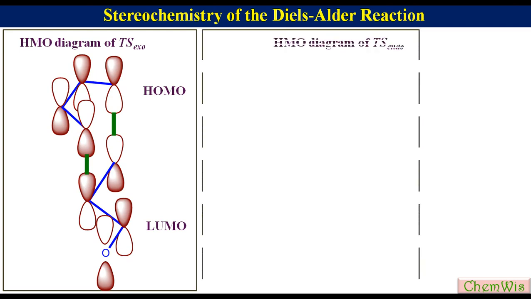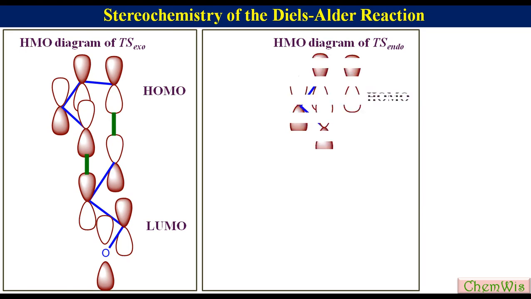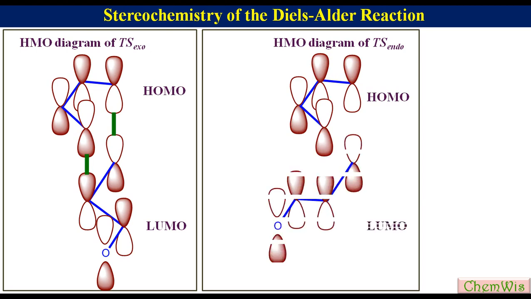Hückel molecular orbital diagram of endo transition state. Just like the exo transition state, this is the structure of HOMO of diene and this is the structure of LUMO of dienophile. After reaction, the double bond will develop here. This is the CHO group directing towards the developing double bond.